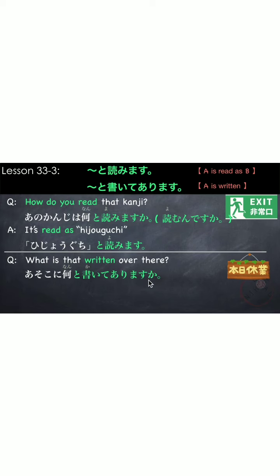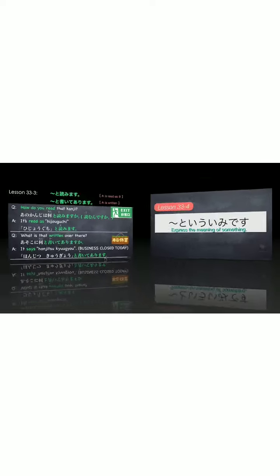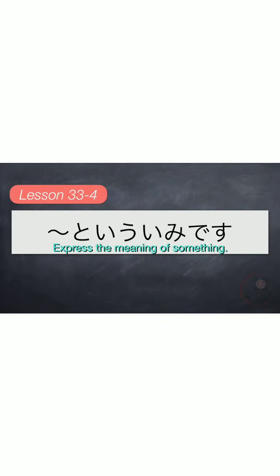We say, it says 本日休業, or literally 本日休業 is written over there, meaning business is closed today. 本日休業と書いてあります。 Next is 何々という意味です, which is used to express the meaning of something.